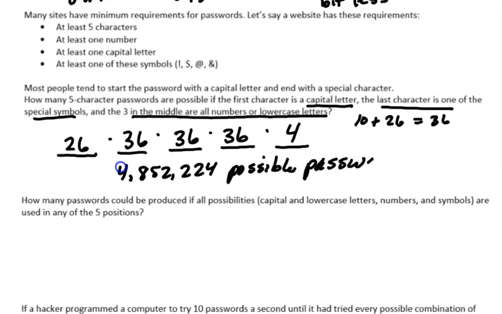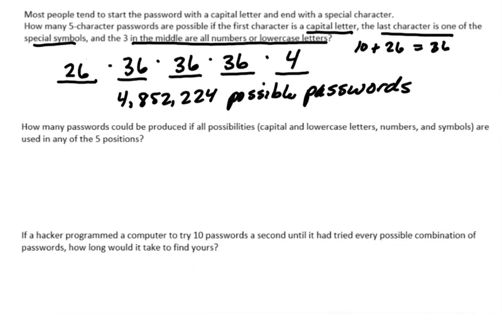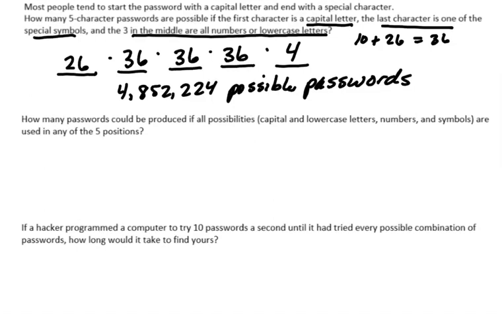Now, let's say instead of being this lazy person that said, let's just capitalize the first letter and change the last letter to a symbol, let's say that I truly used any possible combination of letters and symbols. So I have 26 capital letters, 26 lowercase letters, 10 numbers, and 4 symbols.